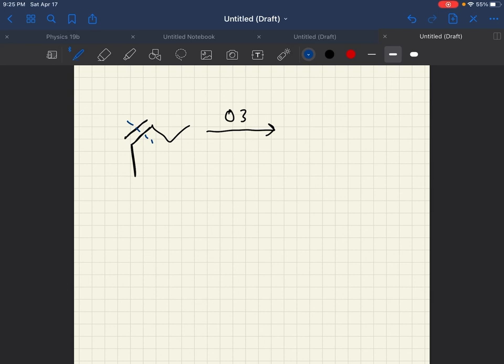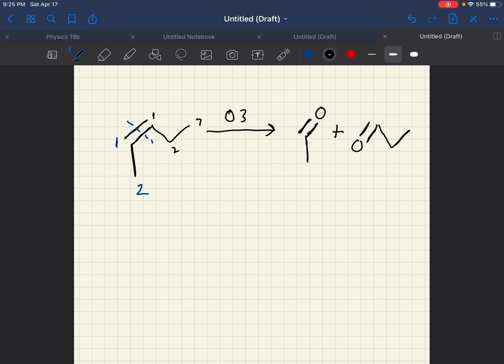Let's cut this down the middle. 1, 2. You would have O, and then you would have 1, 2, 3. That'd be your answer for this one. That's all you'd have to do for these. Not too hard. Quite simple.